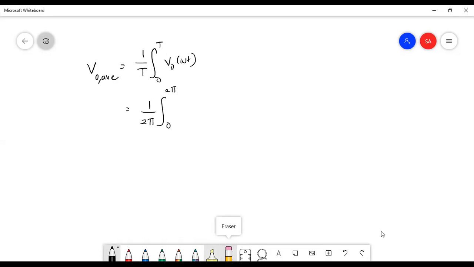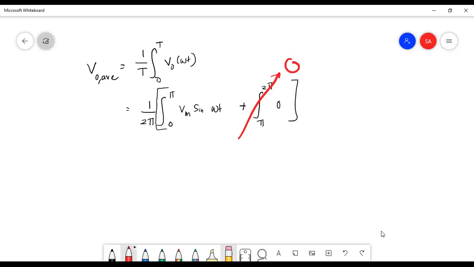From 0 to π, we have the output, which is Vm sin omega t, plus from π to 2π, we don't have voltage, so definitely this one will become 0.